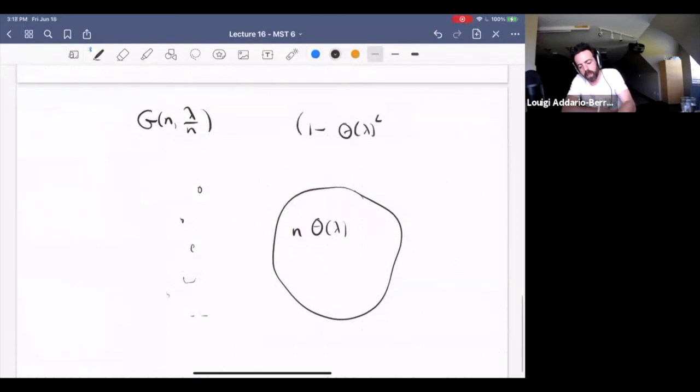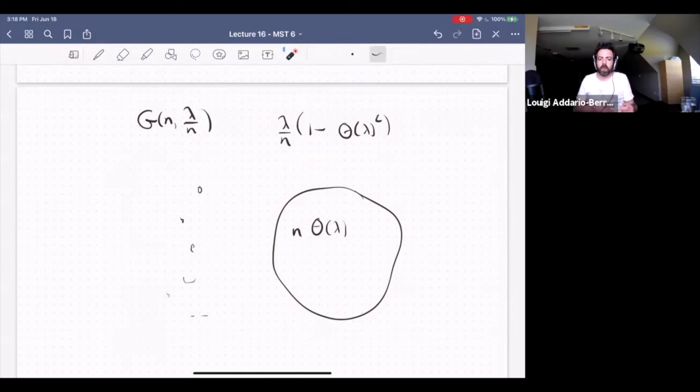And if it does contribute, it contributes weight about lambda over n, because that's the weight of the edges that come along around here. So that's another way to see where this integrand comes from, and that's one route you can use to strengthen the convergence of the expectation to a convergence in probability.